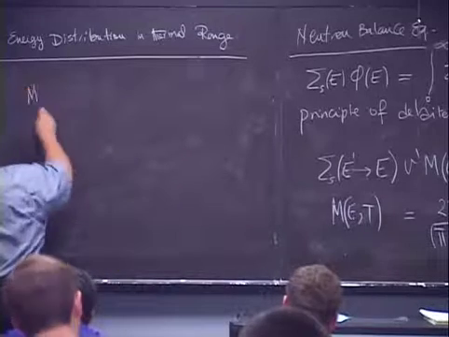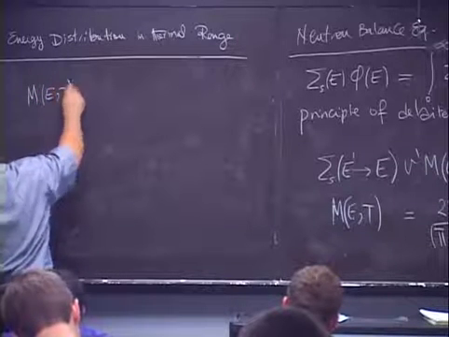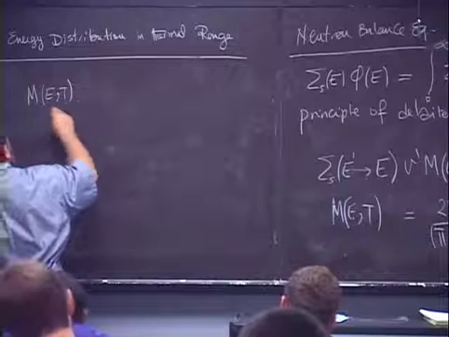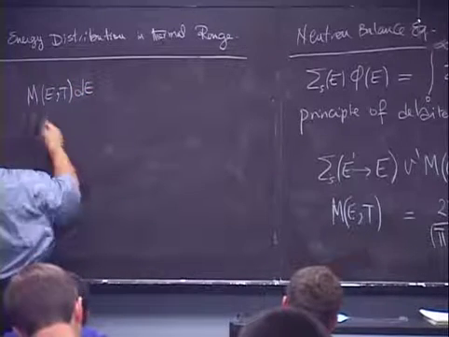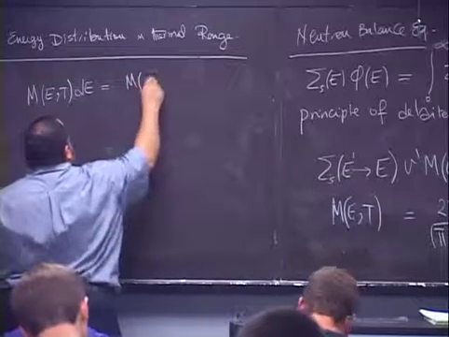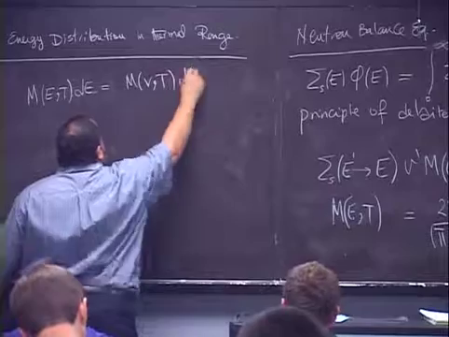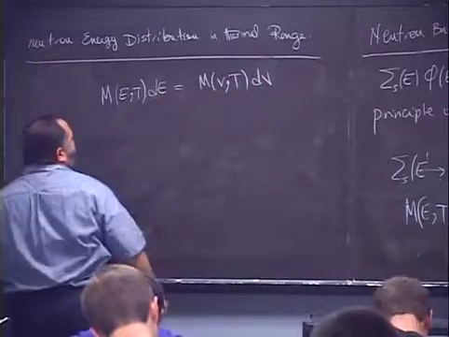So you knew that M of E and T, let's say, usually they write it N of E dE equal to M of V and T dV. So you can get one in terms of the other.